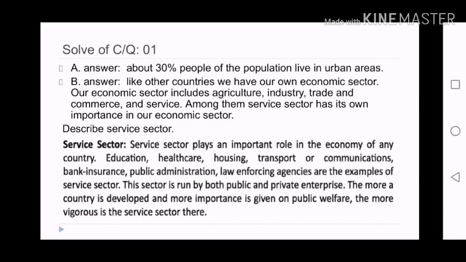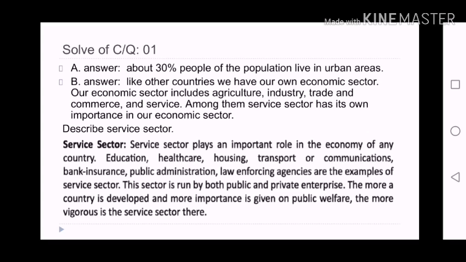Like there is a para from your book that is about the explanation of service sector. You have to read the economic sectors of Bangladesh as well.